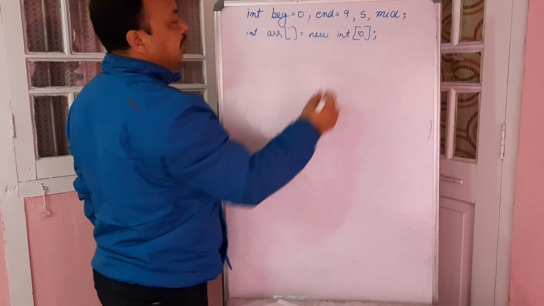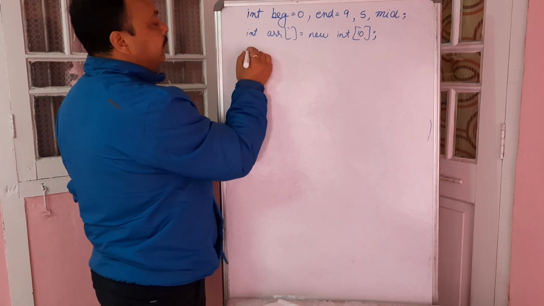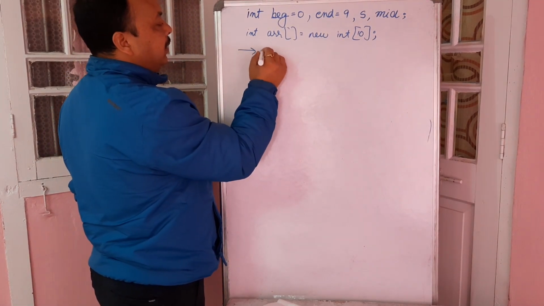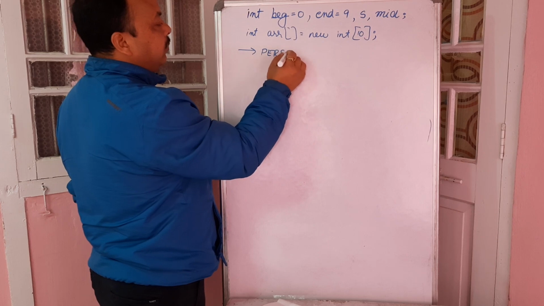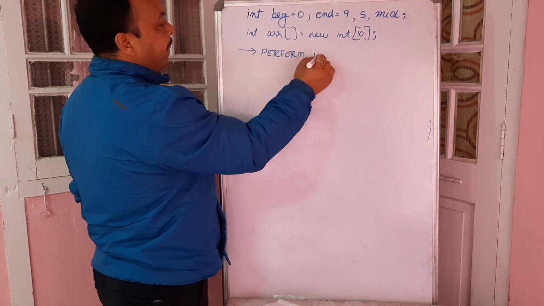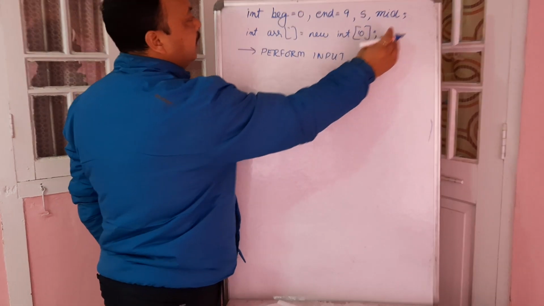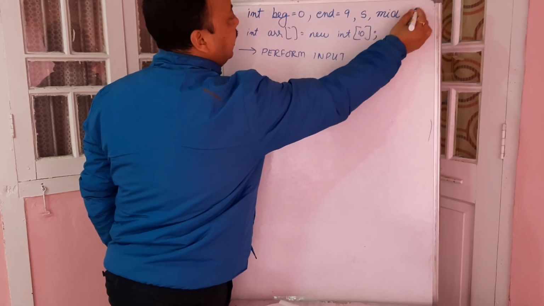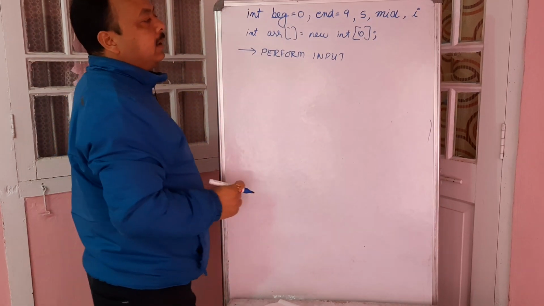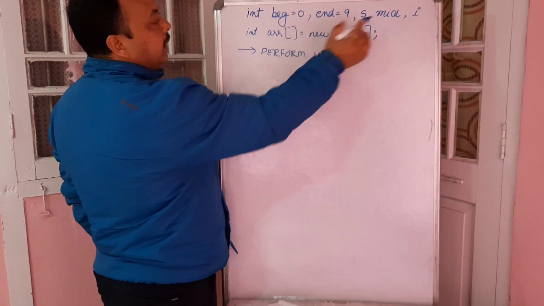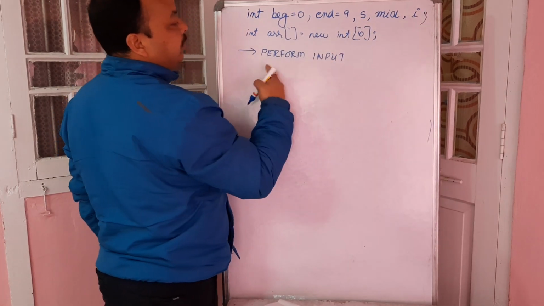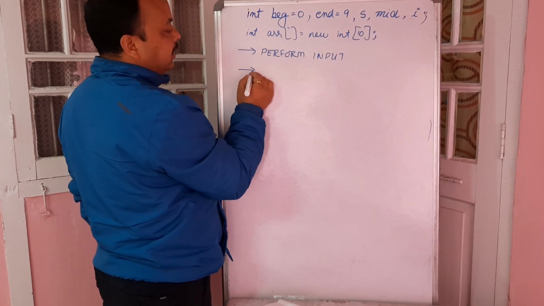I'm writing here perform input. Take one i, the subscript variable, which you need to run the loop to perform the input.